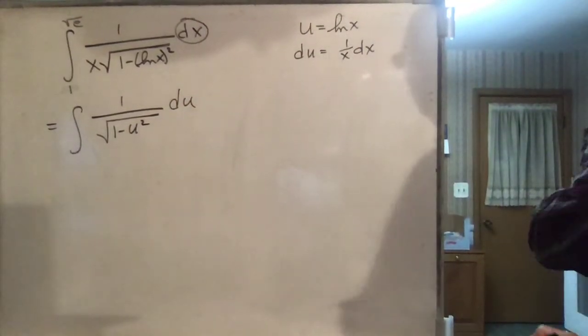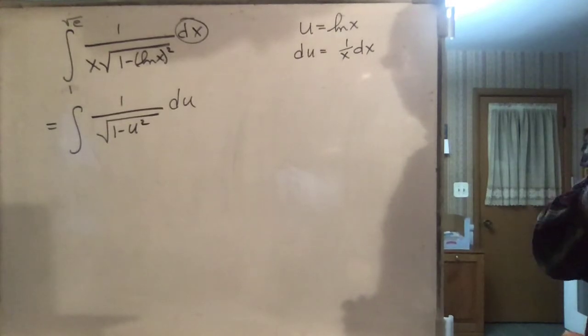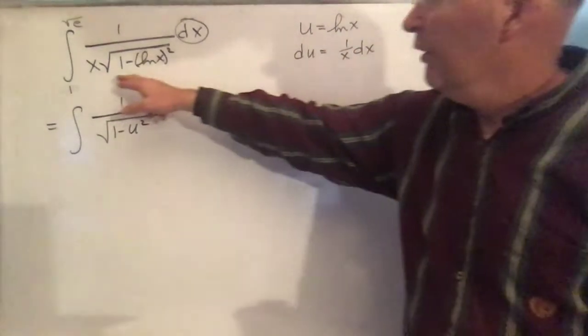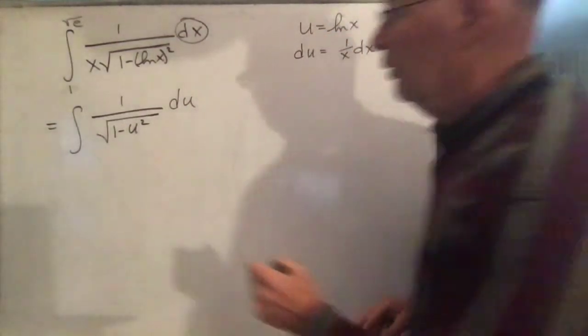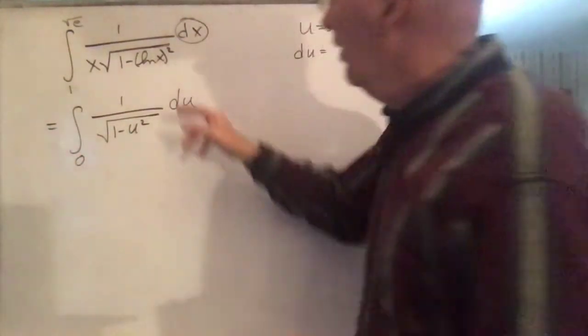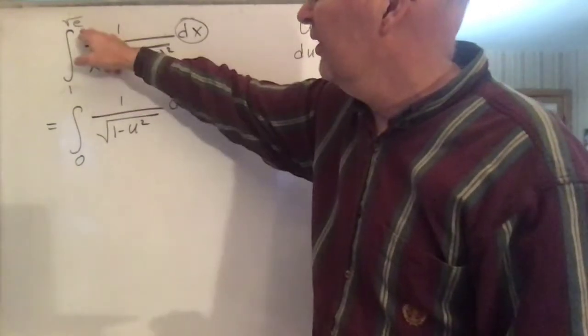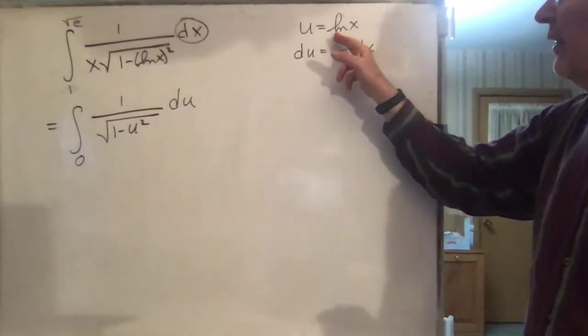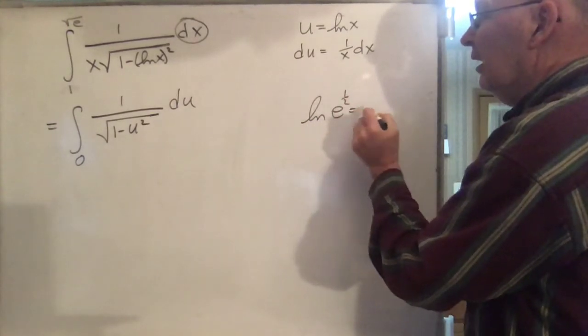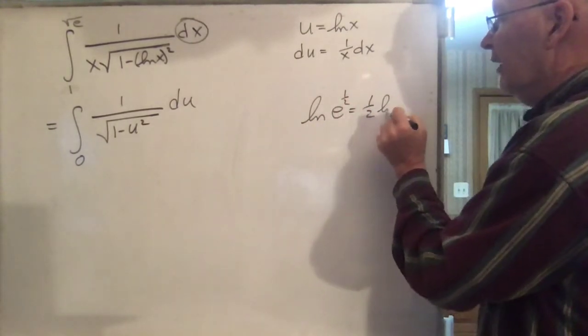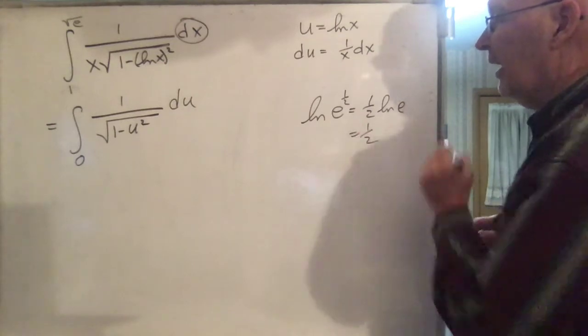See that? Now we need to change the limits of integration. When x is equal to 1, the ln of 1 is equal to 0. When x is equal to the square root of e, the ln of the square root of e is equal to 1/2 the ln of e, which is equal to 1/2.